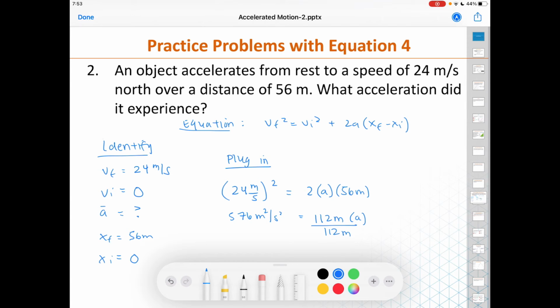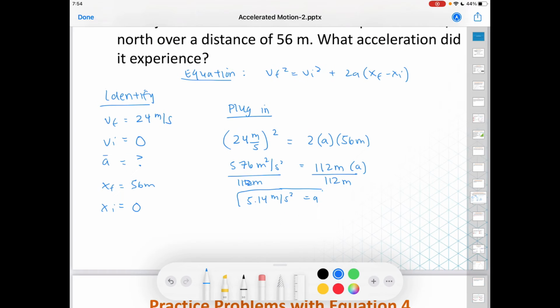Divide by 112 meters on each side, and you'll have a final acceleration of 5.14 meters over second squared. But we also need to include that this is going to the north since it's in the positive direction.